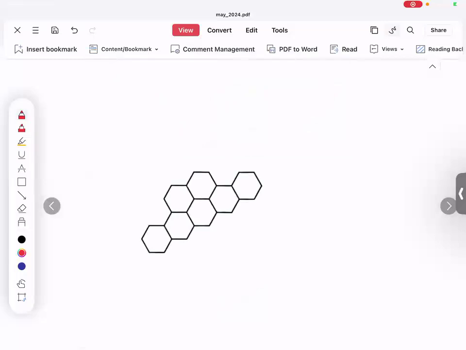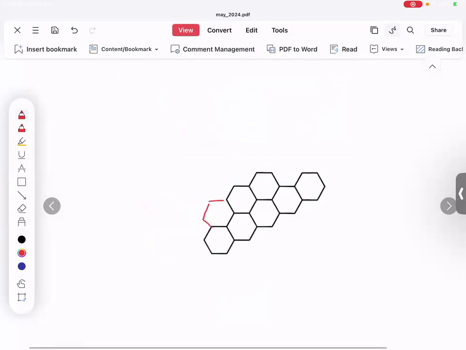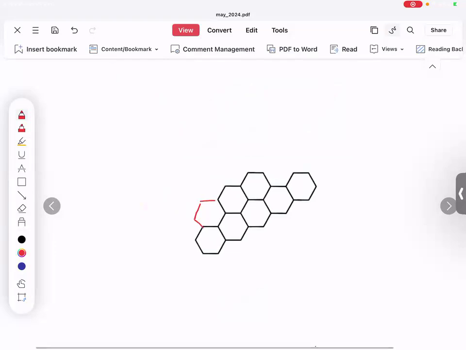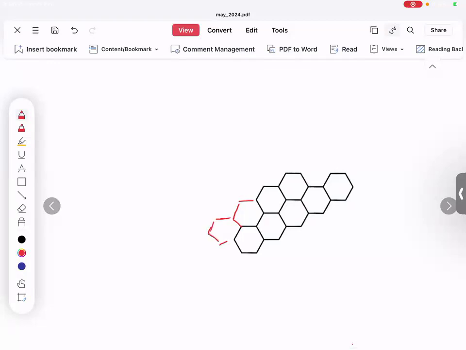Let's see how best I can draw this, because I know the last time I tried to do this, I made a mess of it. 1, 2, 3, 4, 5, 6. I don't know if I can join them, but I'll do my best. Do your best, guys. We can't join now, so maybe just try to figure it out and draw it as neat as I can.